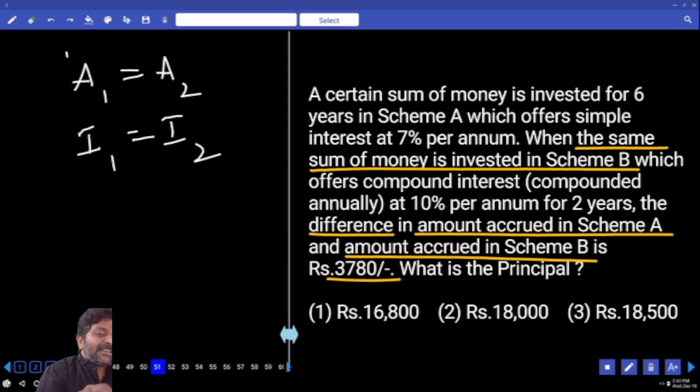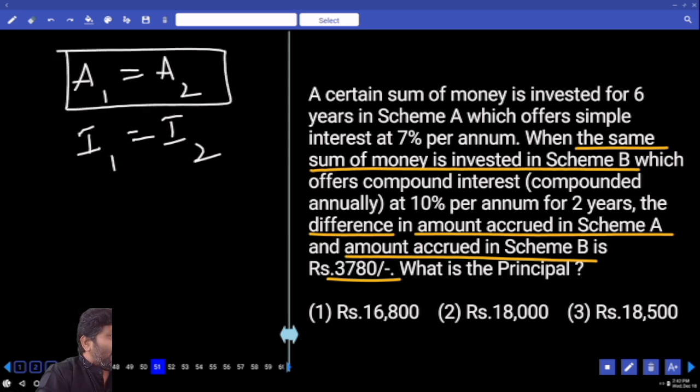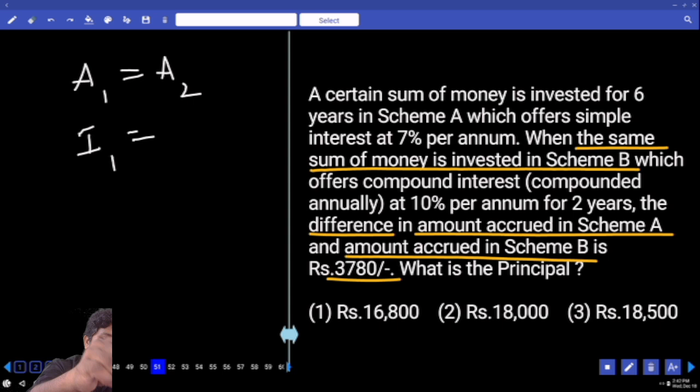When principals are same and the condition says amounts are equal, can I conclude interests are equal or not? What do you mean by amount?